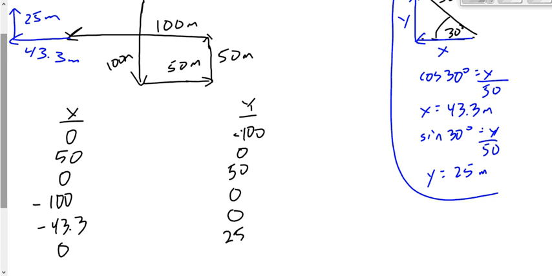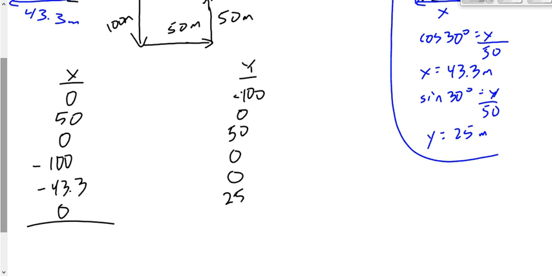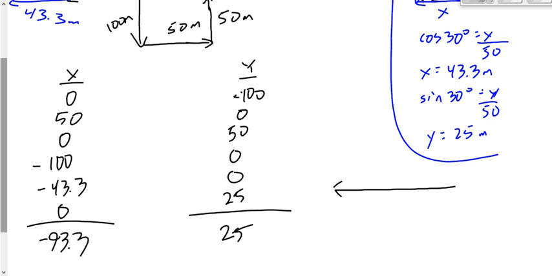So we start adding these things up now. 50 plus negative 100 plus negative 43.3 works out to be negative 93.3. And the y is 25, I think. Now it's the easy part. Negative 93.3 is to the left, I know that because it's negative, and 25 up.